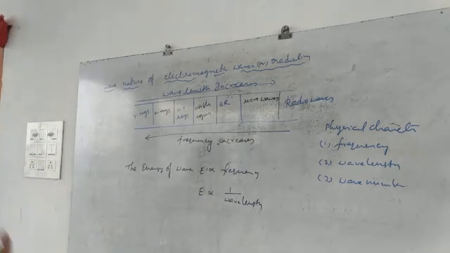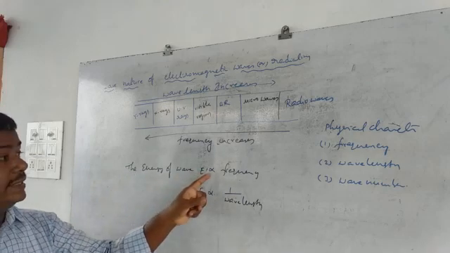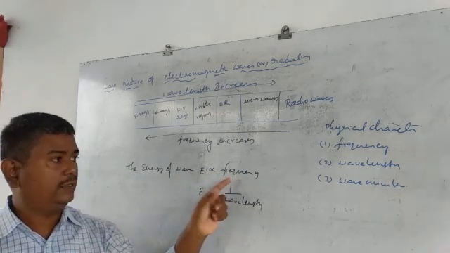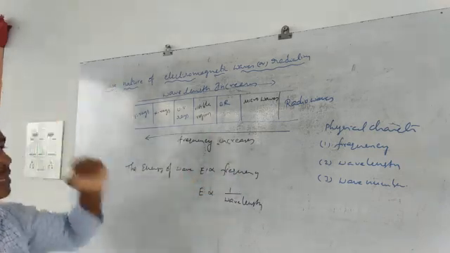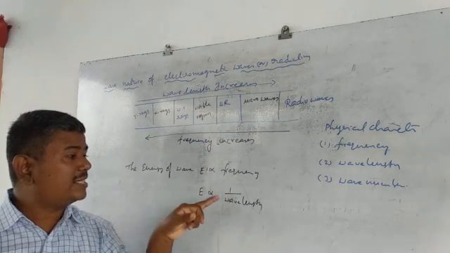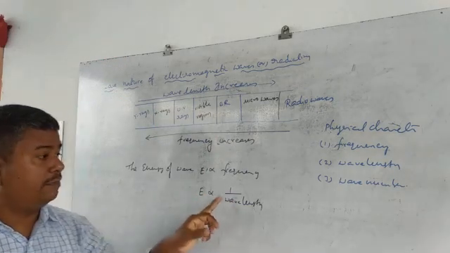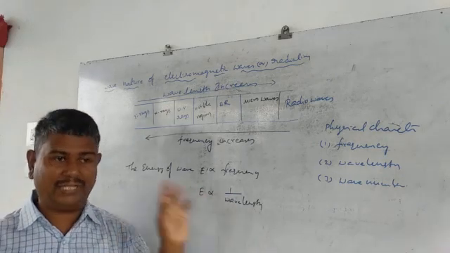Clear? That means the energy of the wave is directly proportional to frequency. So while the frequency increases, the energy of the wave also increases. And the energy of the wave is inversely proportional to wavelength. That means as wavelength increases, the energy of the wave decreases.